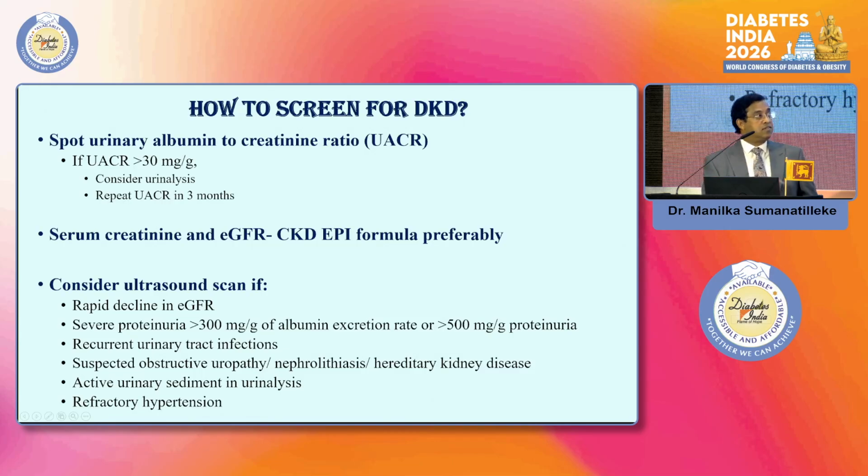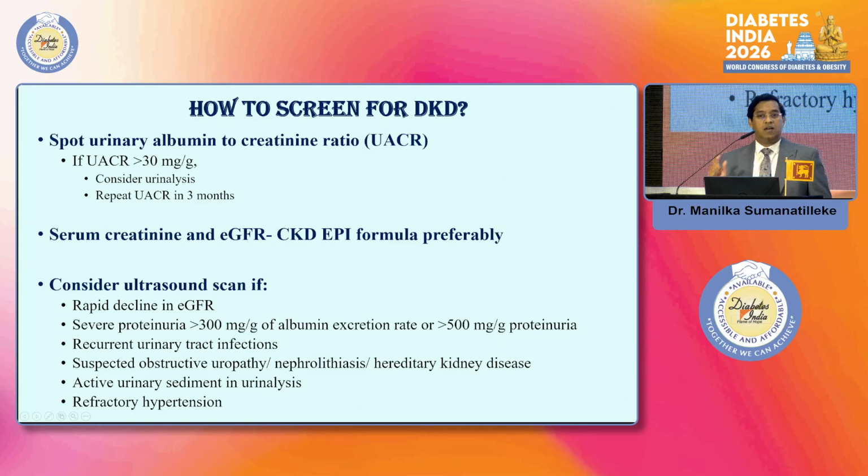And consider scanning only if there is a rapid decline of the eGFR, proteinuria more than 300, recurrent UTIs, suspected nephrolithiasis or any other complication, active urine sediment. How many of you carefully look at the UFR report for the sediment? Please do that.